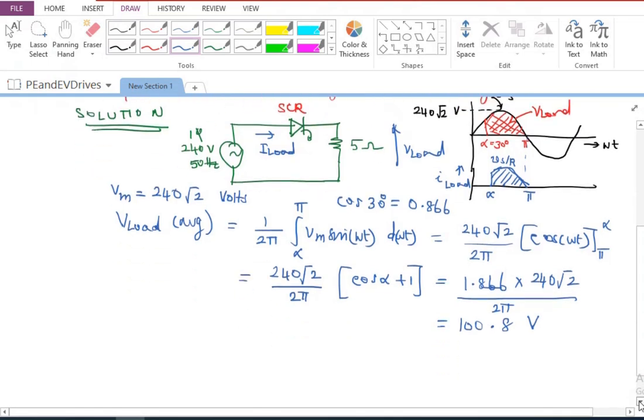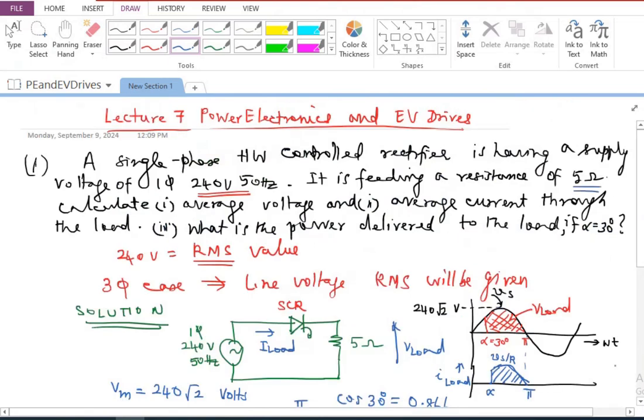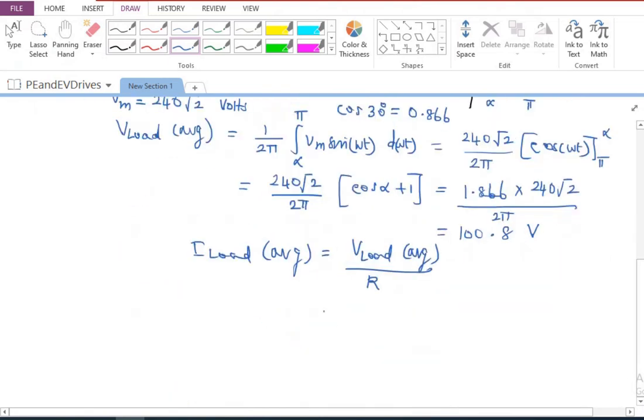So we are going to have I load average equal to V load average divided by R, and R is given to be 5 ohms here. So this is 100.8 divided by 5, which comes out to be 20.16 ampere.